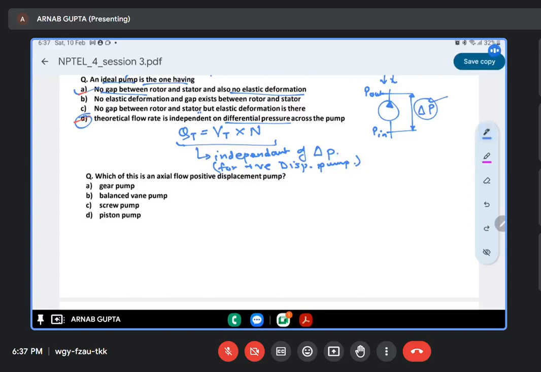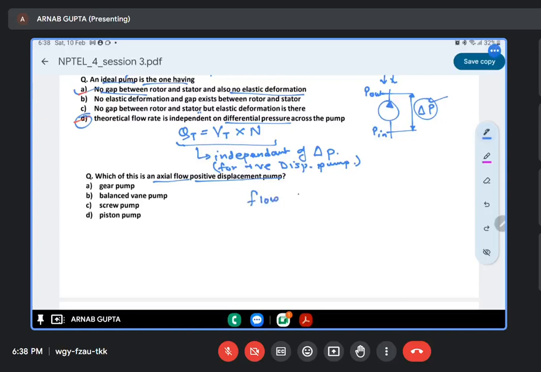Coming to the next question, which of these is an axial flow positive displacement pump? So in case of a positive displacement pump, the flow can be happening perpendicular to the axis of rotation of the rotor.